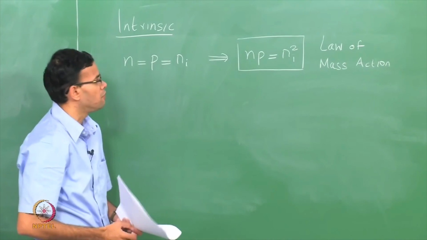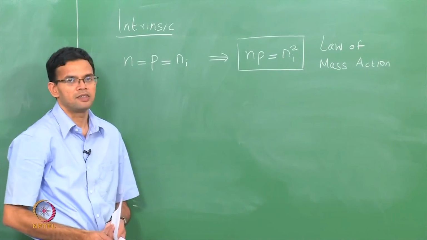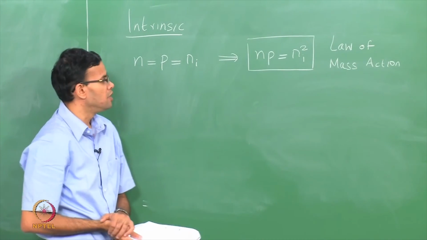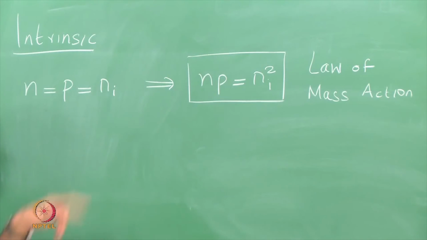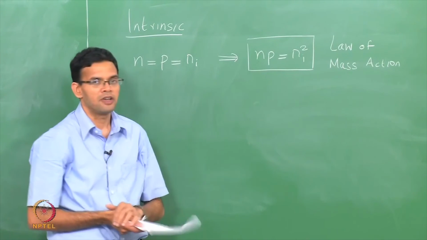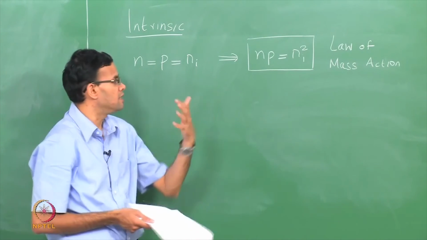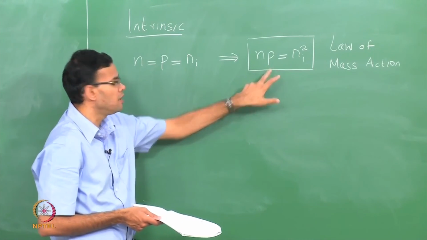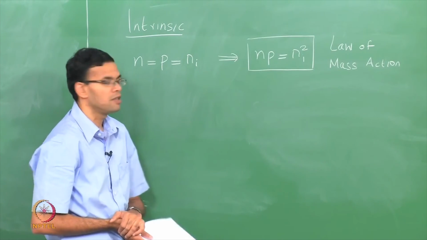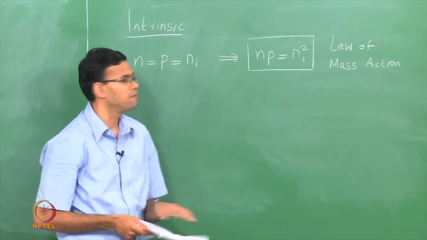In the case of an intrinsic semiconductor, this relation np equal to Ni square is very trivial because n is equal to p, but later when we look at extrinsic semiconductors we will find that this relation is still true. So, you can increase n, but at the same time you will have to decrease p. If you increase p, you will have to decrease n.